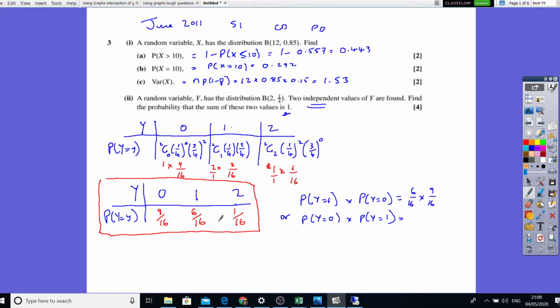And this is going to be the same, but the other way around: the probability of getting no successes, 9 out of 16, times the probability of getting 1 success, 6 out of 16.